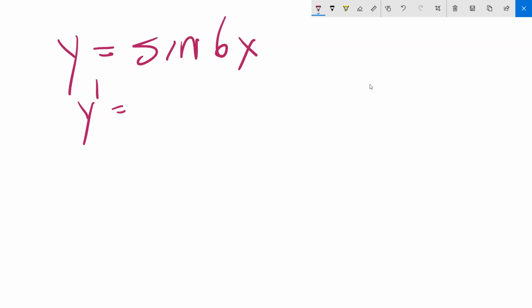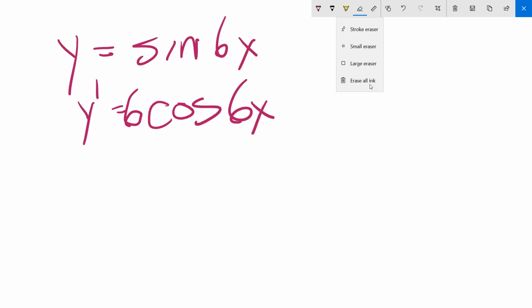The derivative of the outside is the cosine of 6x. It's the derivative of the inside, 6. Even though I'm always going to remember it as the derivative of the outside times the derivative of the inside, in most cases you end up writing it as the derivative of the inside times the derivative of the outside, because you can kind of see why.